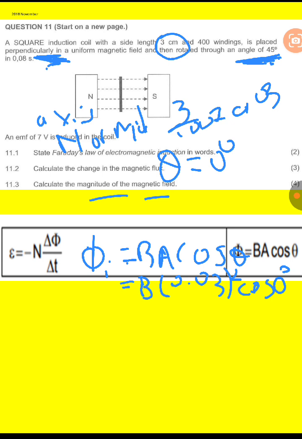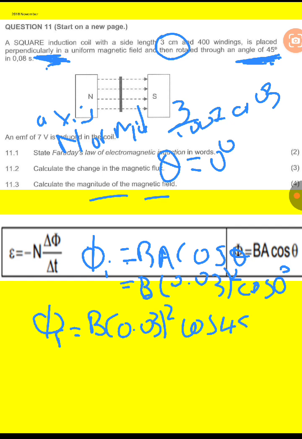And B is unknown. Then for the final flux, we don't have the value of B, but the area is still the same, 0.03 squared cos of the angle, which is now, they say they rotate it through the angle of 45.